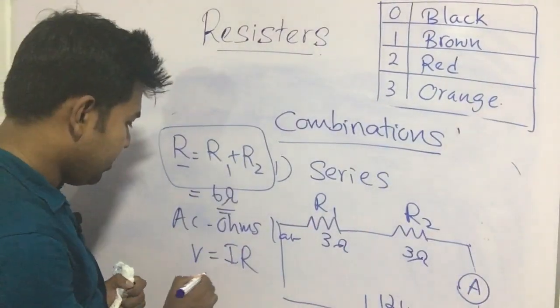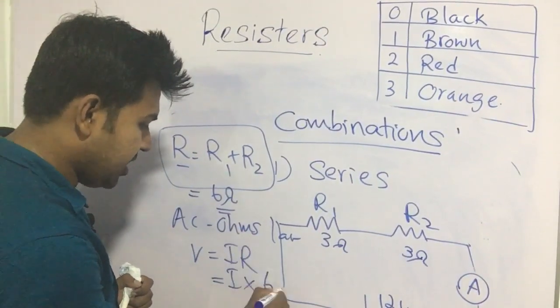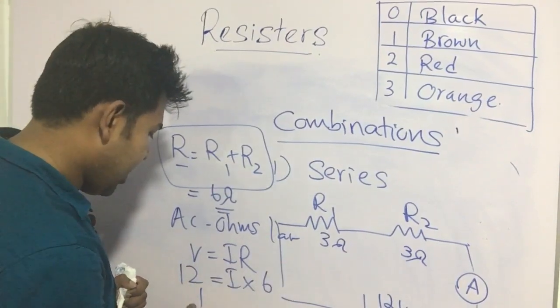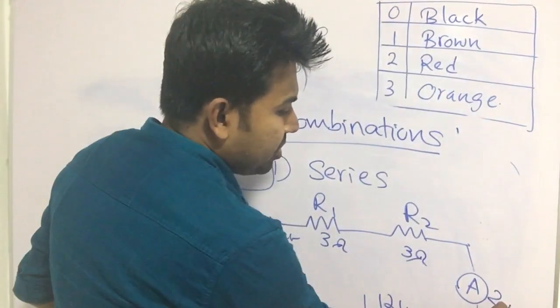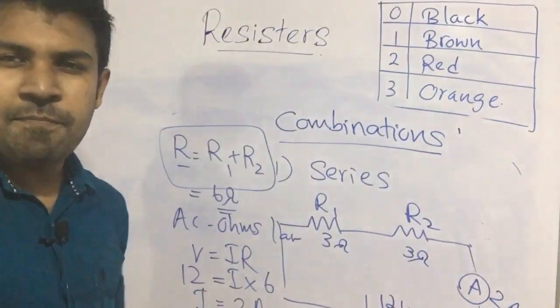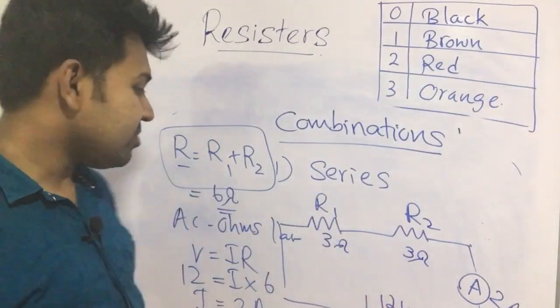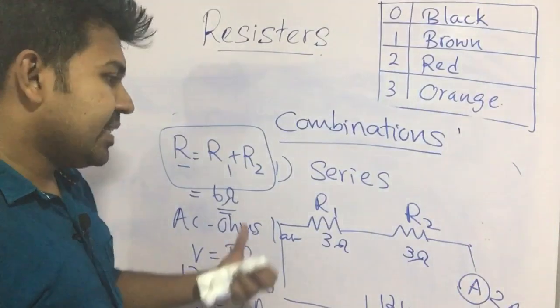Then you can put I, you don't know, R you found 6, V you found 12, it's there. Then I will be 2 amperes. So the answer will be 2 amperes. So it's easier to find answers for these questions, right? Okay.